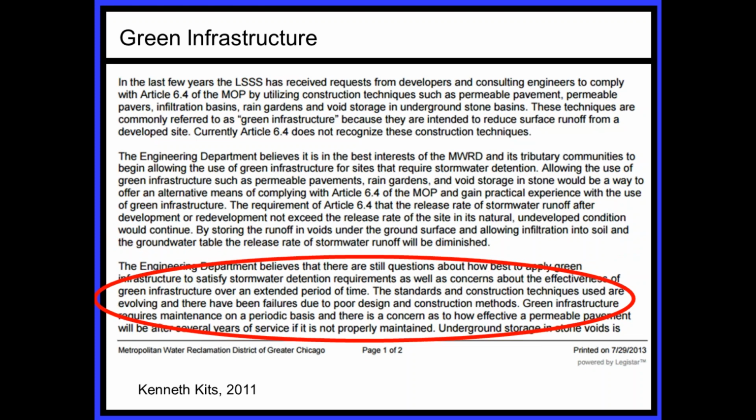On the next page, which I don't have in this particular presentation, they talk about things to observe such as maintenance, using the storage in stone, and looking at potential clogging if it's not pre-treated properly to ensure that the sediment is removed from the flow prior to entering those porous environments.